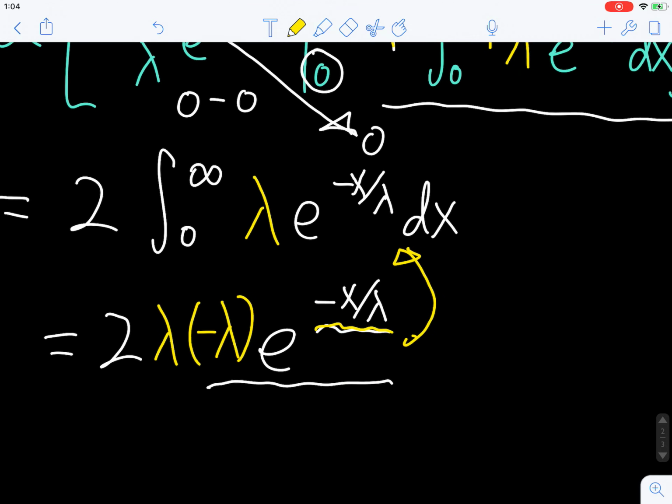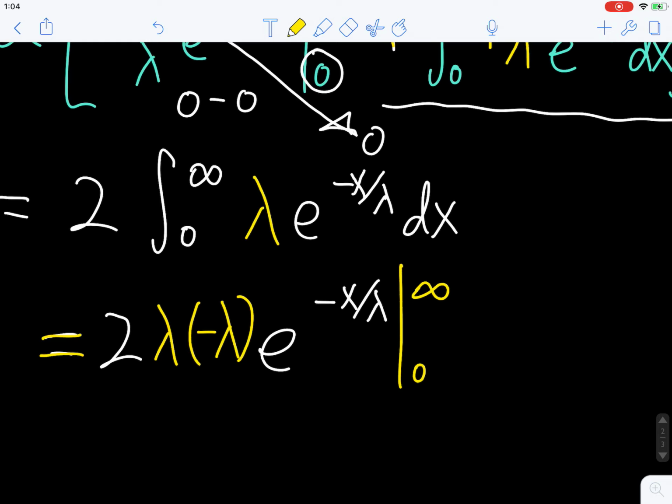So this is the integral. Rewatch the video if you need to. We're going from 0 to infinity. If we plug in infinity, now it's routine, we get 0. And if we plug in 0, we'll get negative lambda squared e to the 0.